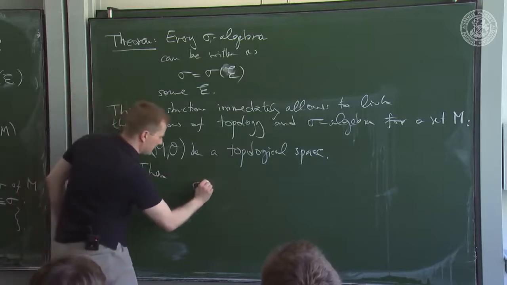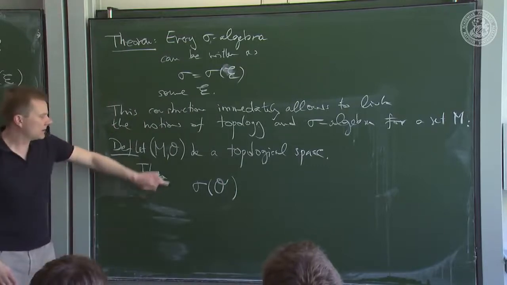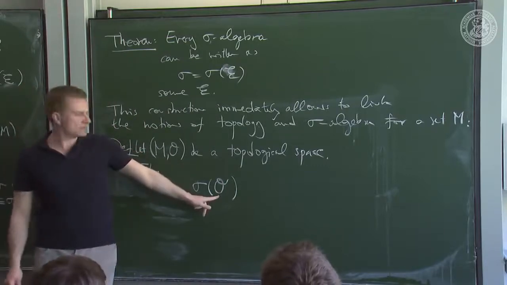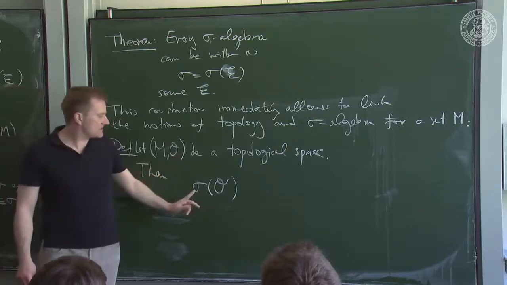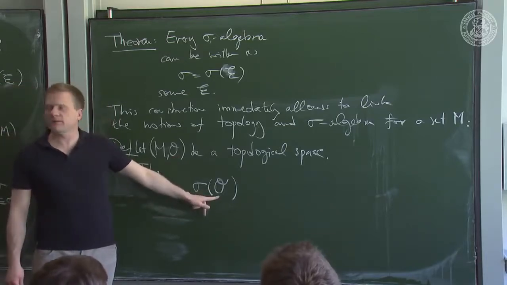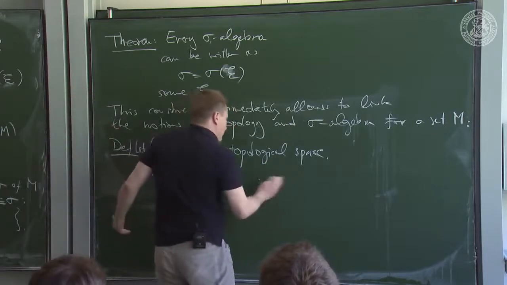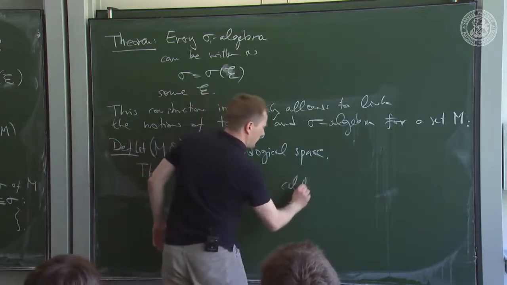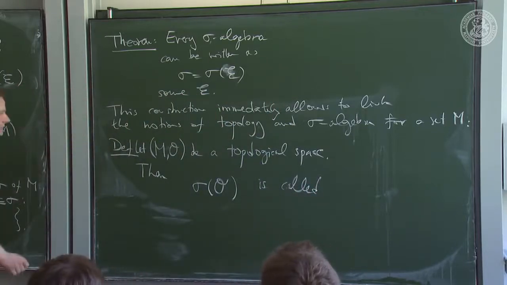Then sigma of O. So you take as the generating set all the open sets. And the sigma algebra generated by this is, first of all, a sigma algebra. Well, that's clear, because of this definition and the little proof.